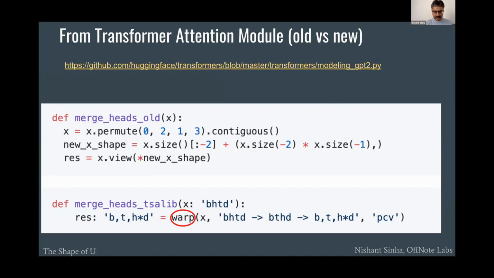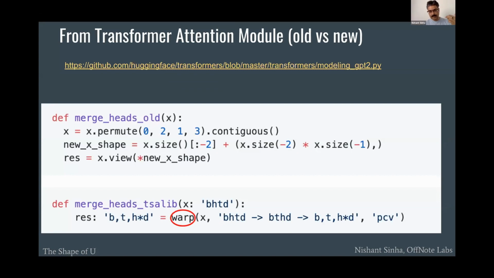What's going on inside is a bunch of shape transformations. BHTD goes to BTHD, there's a permute there, and then the H and D dimensions get folded together as H star D. That's all that is happening, and I think almost everybody would agree that reading the lower representation is far cleaner and more obvious, and you won't want to go back to the older representation again.